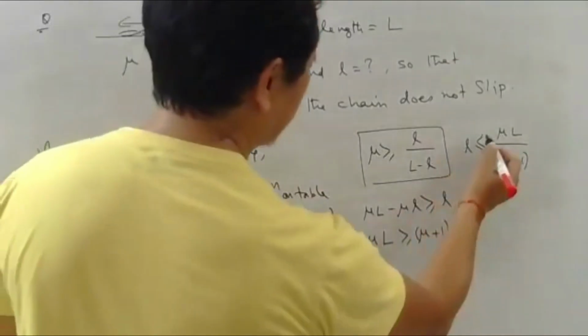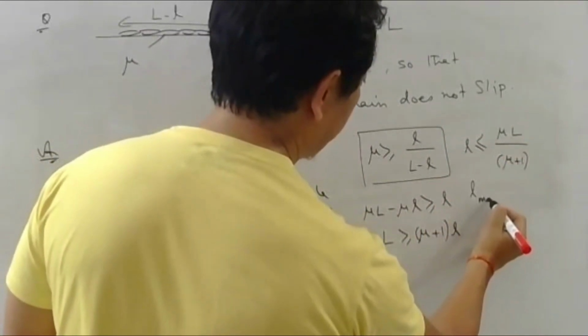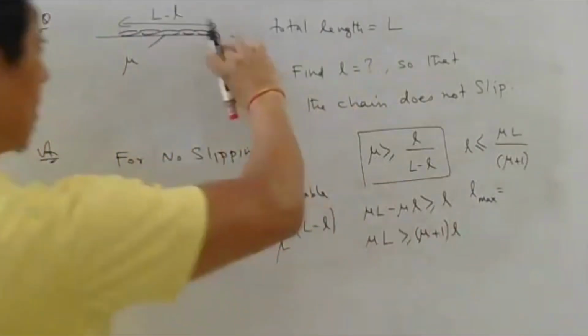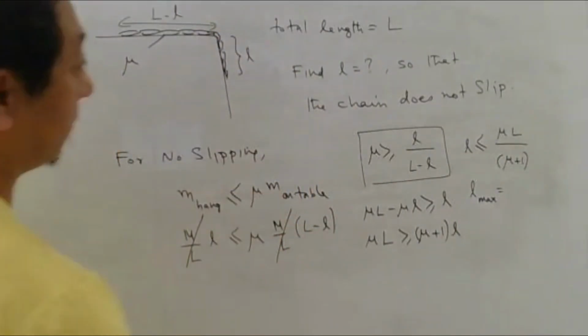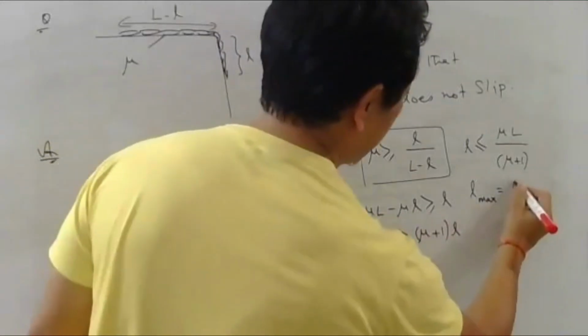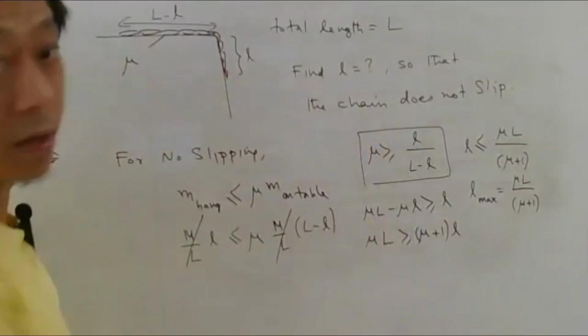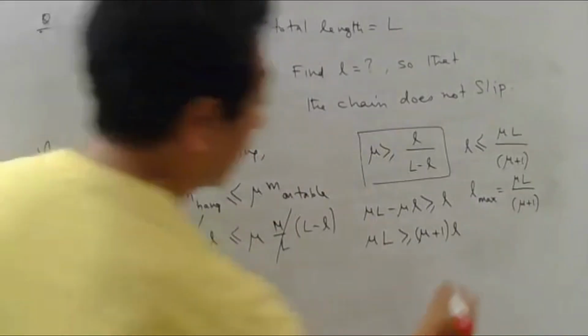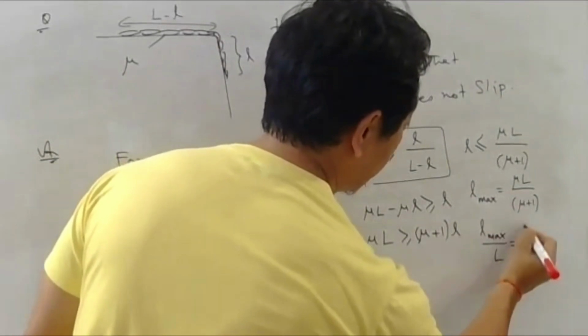This number represents the maximum length that can hang without the system slipping. And if they ask you fraction, then you have to divide by original length.